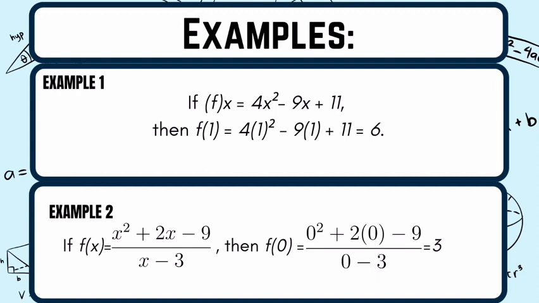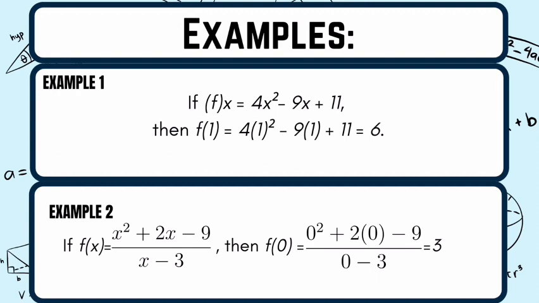Our x here, or our input, is x. So x is the independent variable. The independent variable is whatever number we choose to put in order to get the output, or the dependent variable.